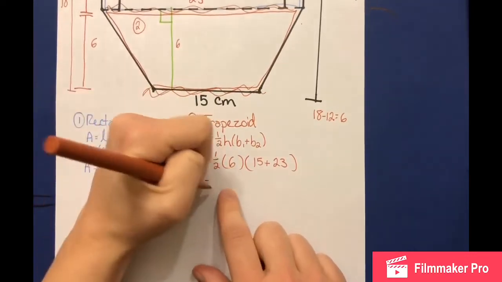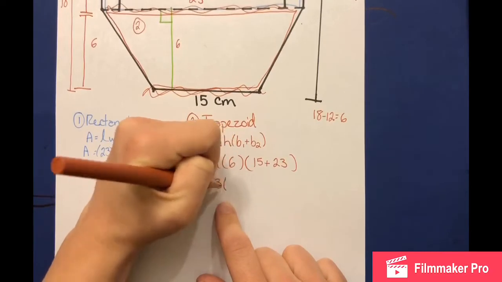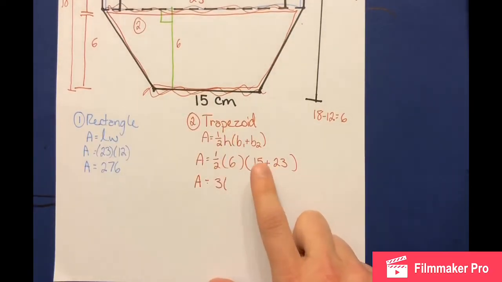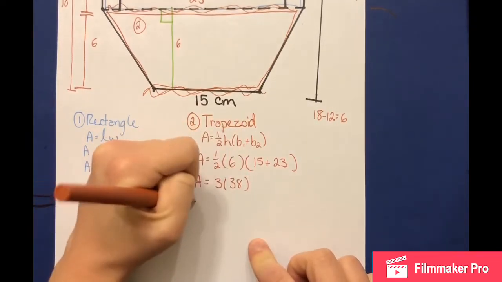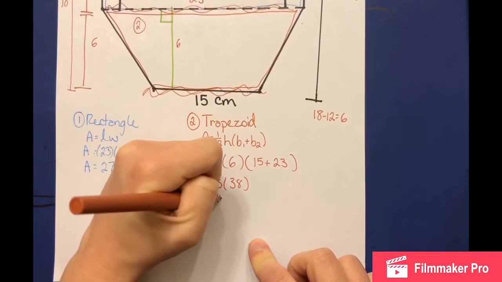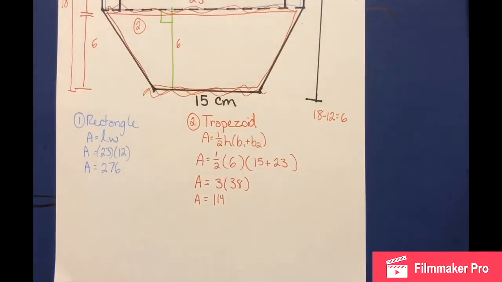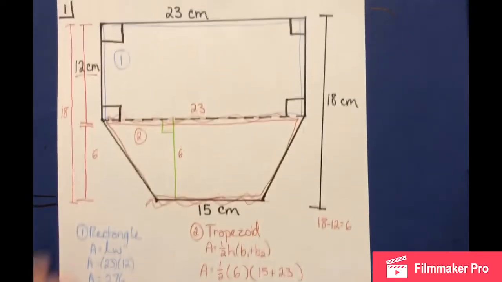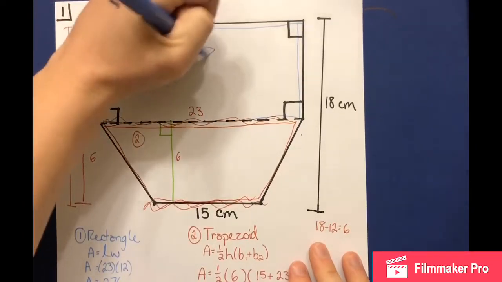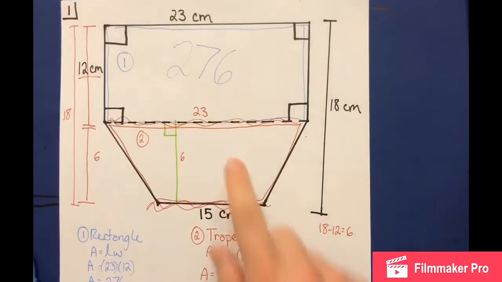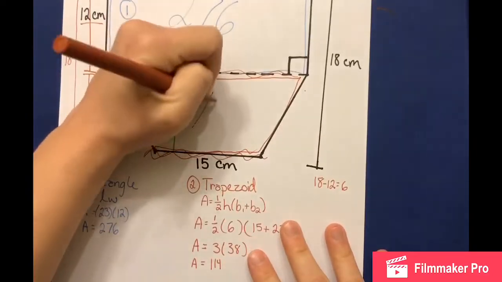I'm just going to start multiplying. So 1/2 times 6 is 3. And that's multiplied by 15 plus 23, which is 38. I have area is equal to 114. And now what I have to do is think, okay, so this thing here has an area of 276. This has an area of 114.